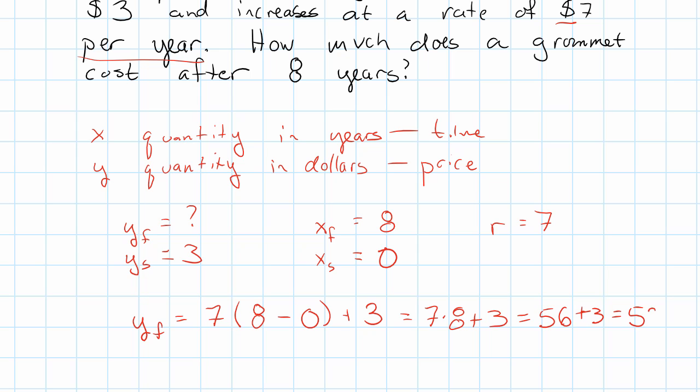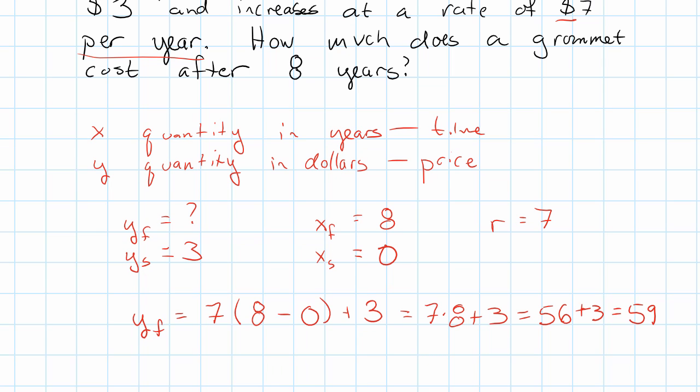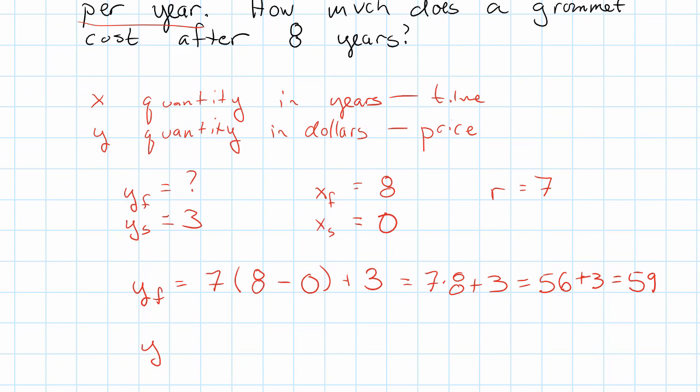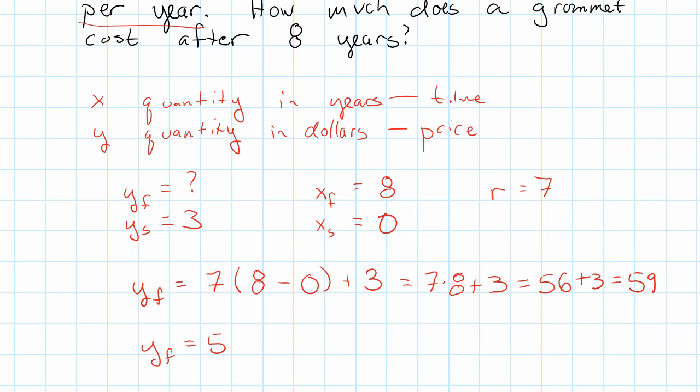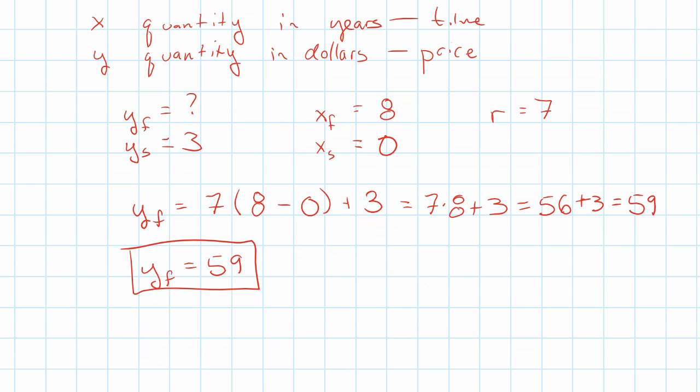And we get 59. Our final value of y is 59. Okay, so as we can see, this is very, very easy. If we're looking for the final value of y, it doesn't require any algebra.